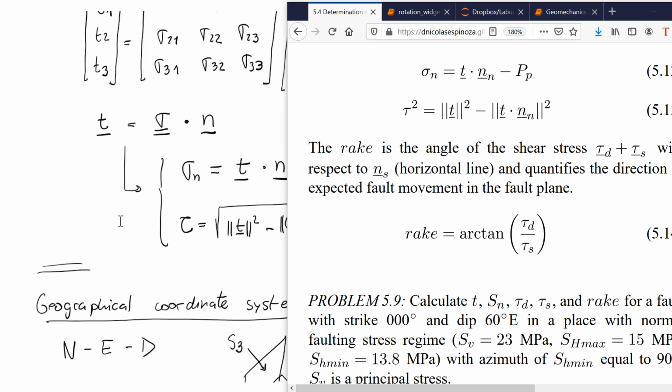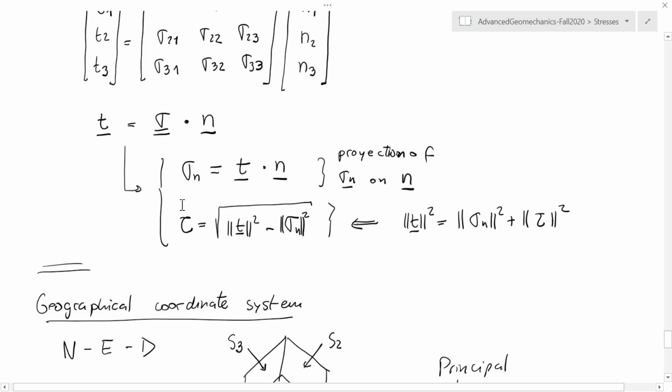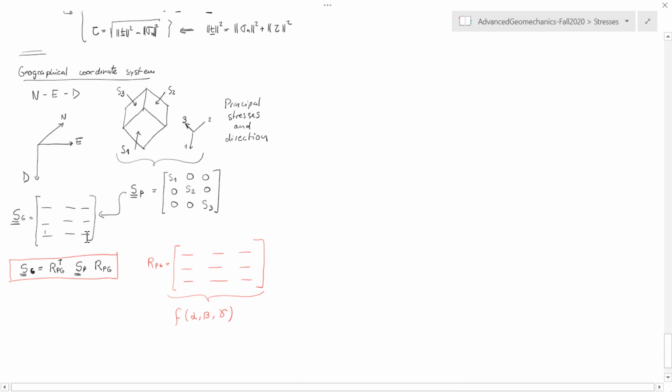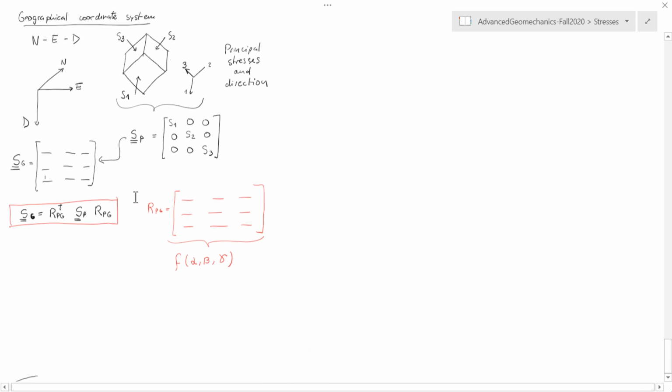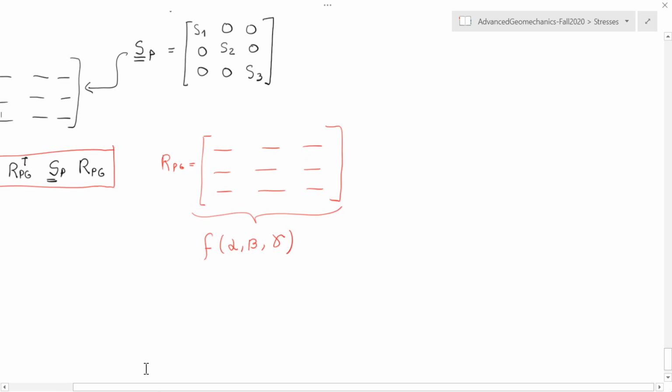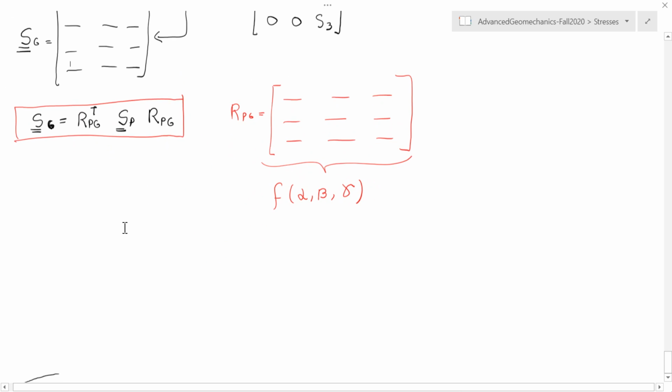Okay, this was a long lecture. I'm just going to do one more thing here, if OneNote allows me to do that. I need to complete in my notes the coordinate system for a fault.